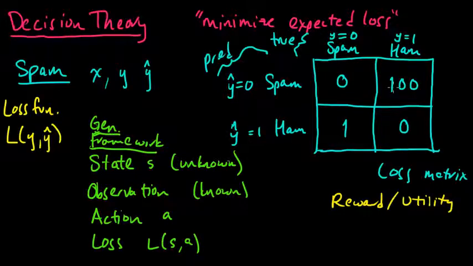If you took the negative of this, then we could think about that as a reward matrix instead. I used non-negative numbers here, but more generally, this loss is just some real values.